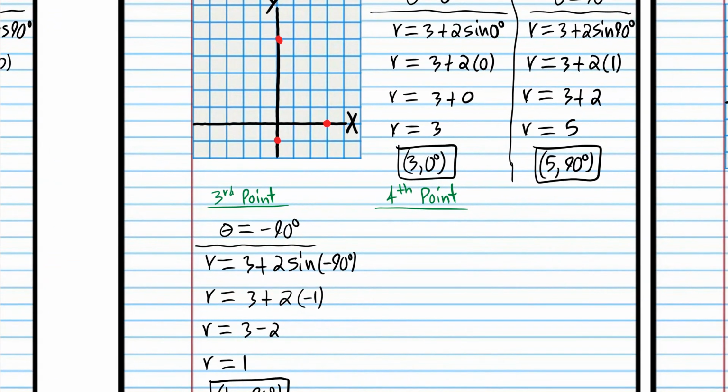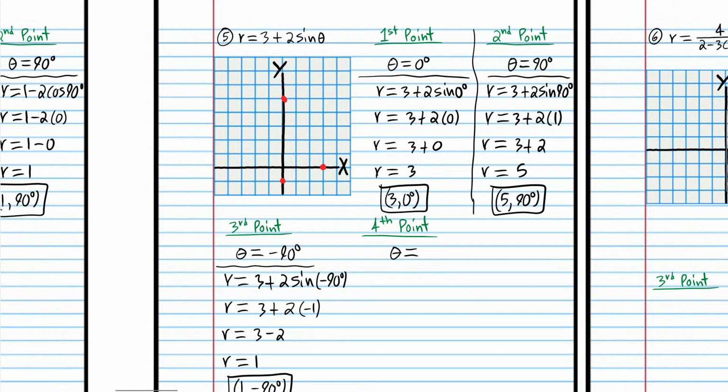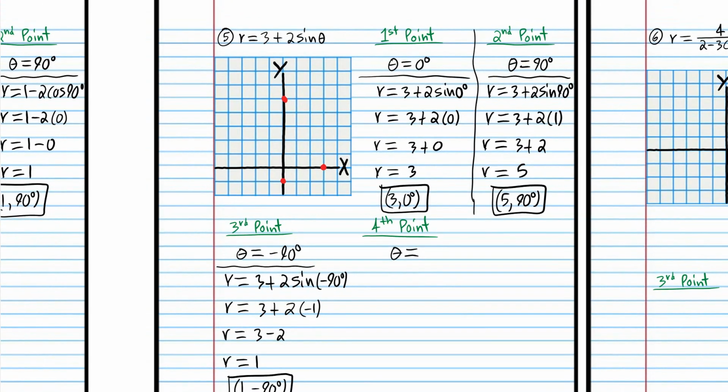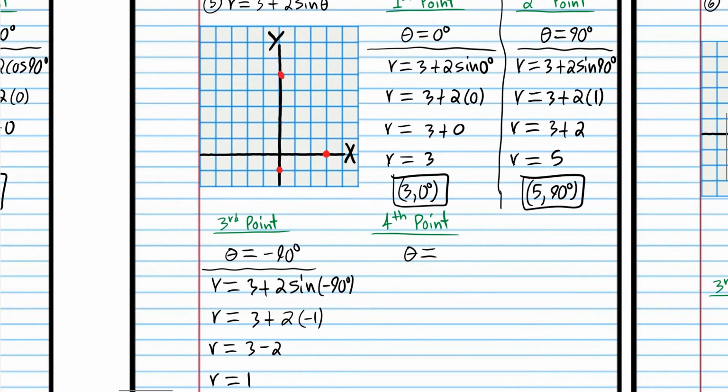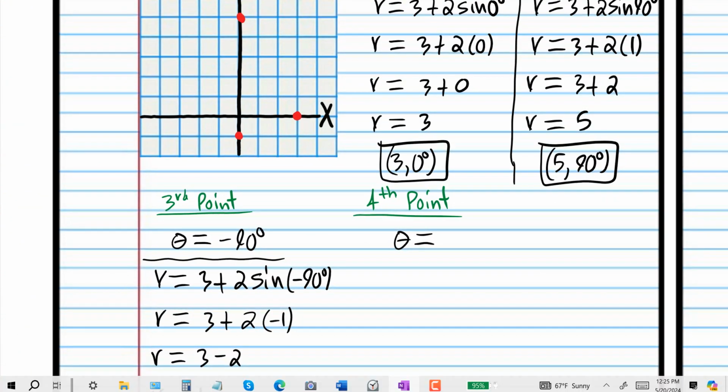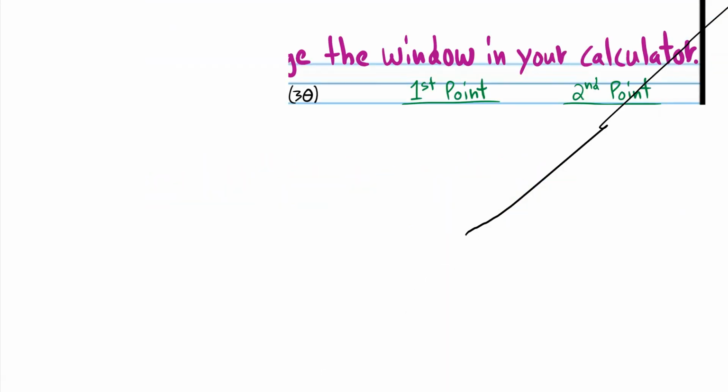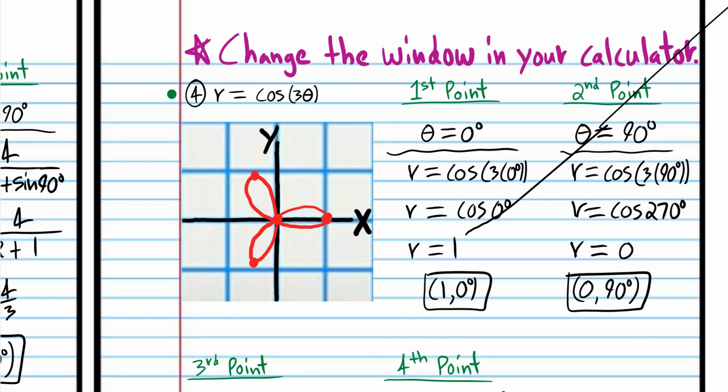Okay, now we have 3 points, we just need 1 more. Let's see, we could choose maybe 30 degrees. I'm going to choose 30 just so we can get some practice with our special angles.